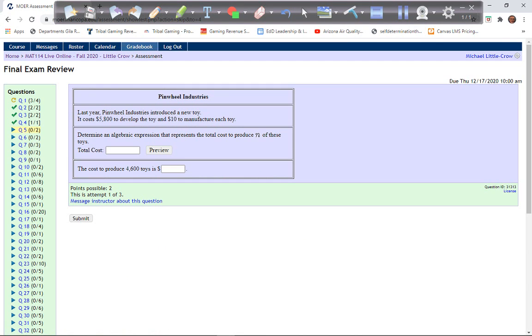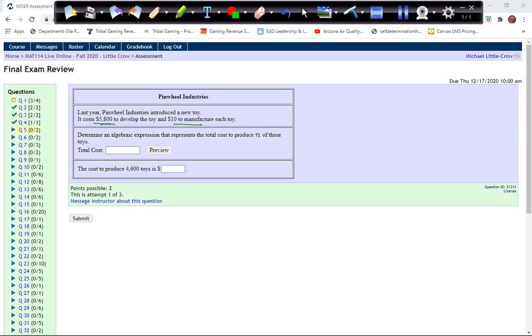Question number 5. So we made a new toy last year. It costs $5,800 to develop the toy and then $10 to manufacture each toy. Determine the algebraic expression representing the total cost to produce n of these. So some unknown. If I had to produce 2 toys, 2 times 10 would be 20, plus all the costs to develop it.